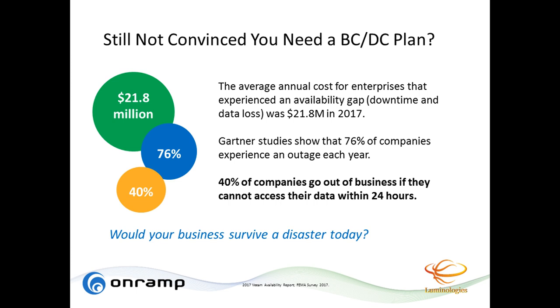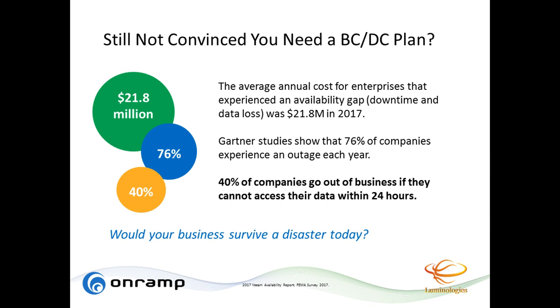So that's a pretty substantial cost from an outage. On average, 3 out of 4 businesses will experience one of these outages each year. And so if you think, well, maybe I can get by without a plan for another year, those are your odds. 3 in 4 is that you're probably not.